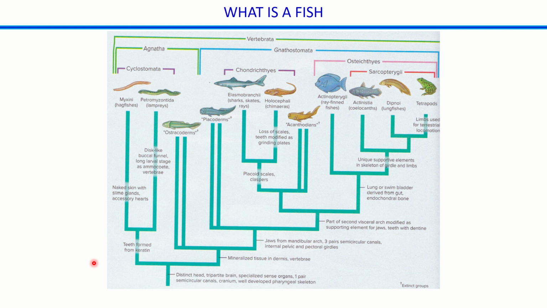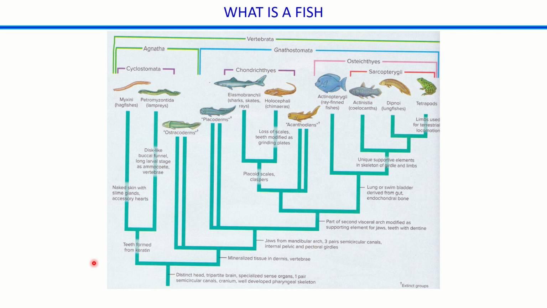This is what separates vertebrata from urochordata and cephalochordata. Okay. And then from here, if you want to look at the differences between the agnathans, their teeth formed from keratin, and the mineralized tissue in the dermis and the vertebrae themselves, hard vertebrae. When these guys are adults, they develop cartilaginous vertebrae, but they don't have it for their whole life cycles. That's why these two are separated.